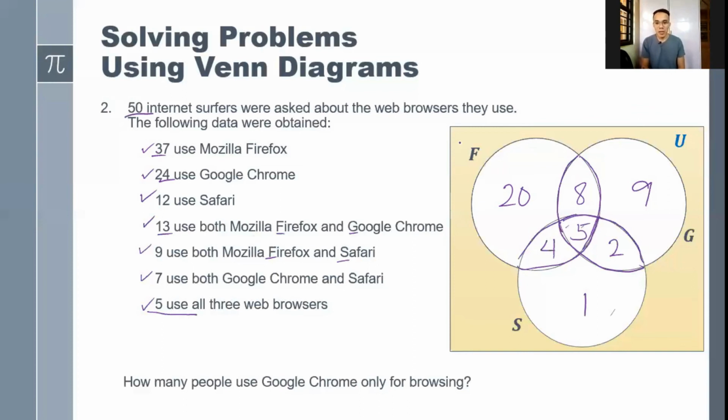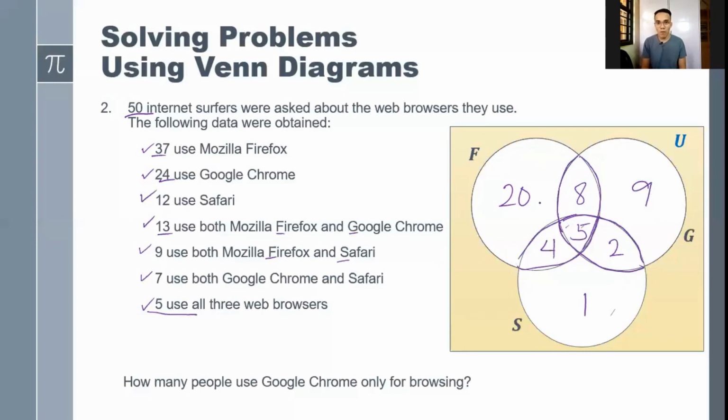And that's going to be the totality, our universal set. So we have to get the sum of all these numbers, and let's see if the sum is already 50. If not, we have to provide the missing number. So we know already that 20, 4, 5, and 8 will make 37, right? 37, 38, 40, 49.